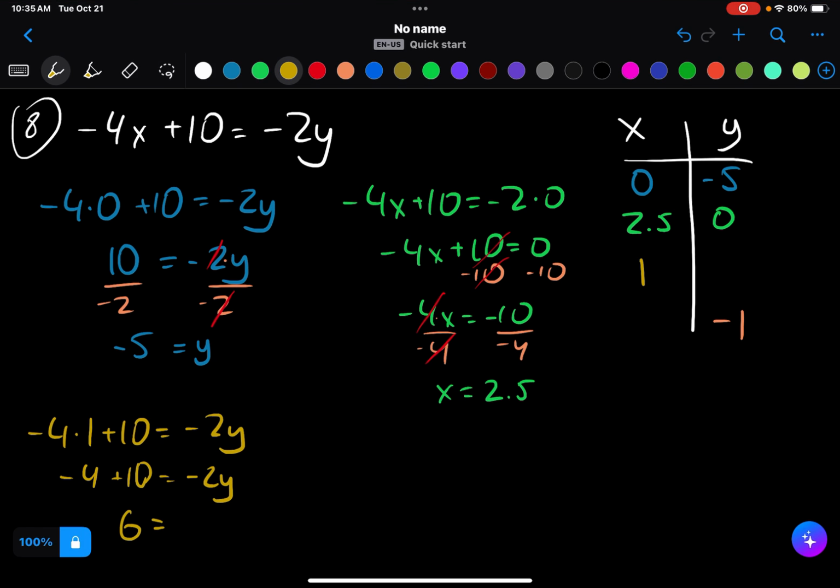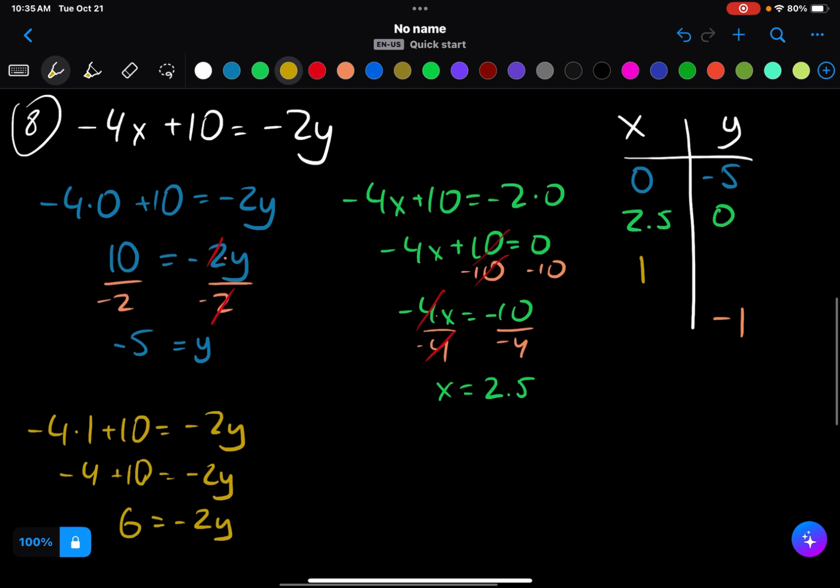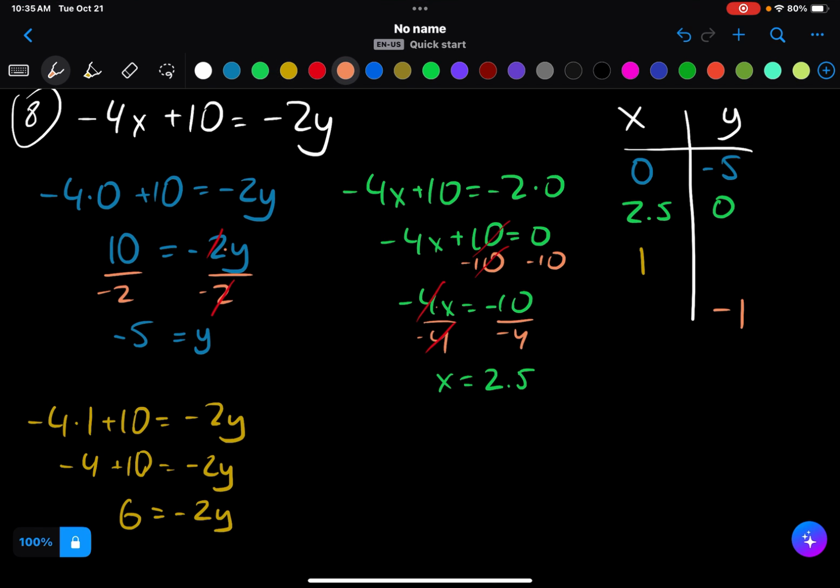Now it's going to be 6 equals -2y. Now what we want to do is divide both sides by -2 to get rid of that -2. So that's gone. So y is simply going to be -3, because 6 divided by -2 is -3.